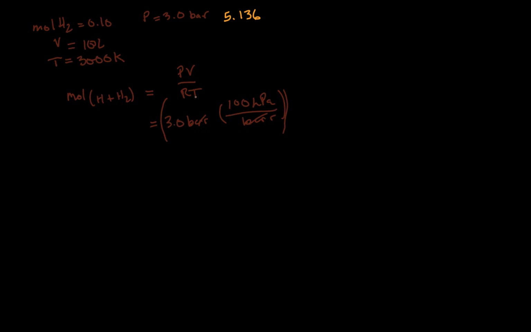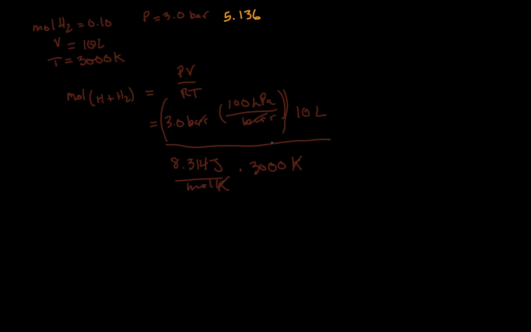Next, volume is in liters, so nothing to do there. Next we get the ideal gas constant, 8.314 joules per mole Kelvin, times 3,000 Kelvin. Very little conversion. We get kilopascal liters.